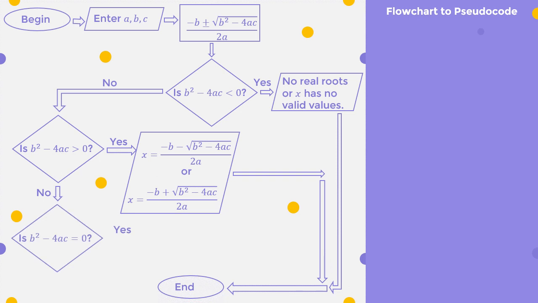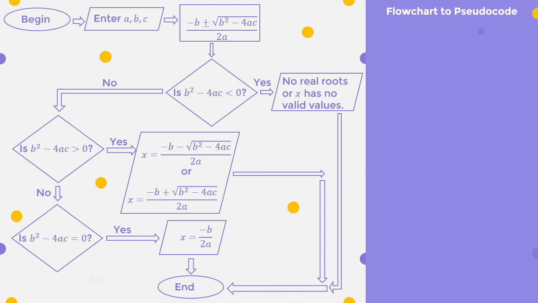Then we'll take another route where we want to find out, is b squared minus 4ac equal to 0? If we say yes, then x is equal to negative b over 2a. There will be only one solution for x when the discriminant is equal to 0.